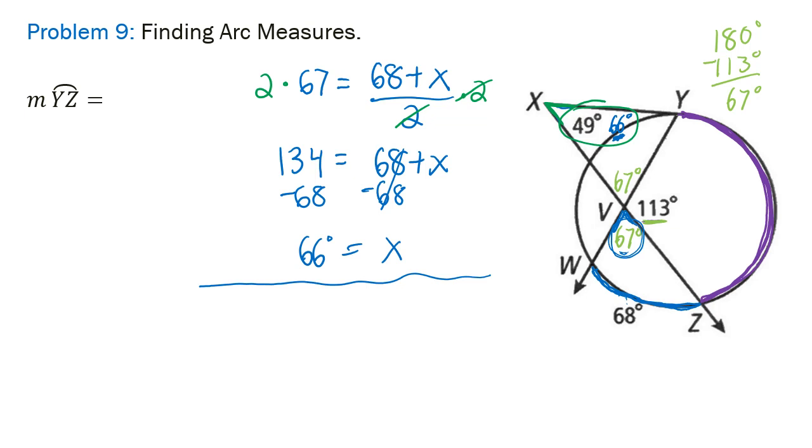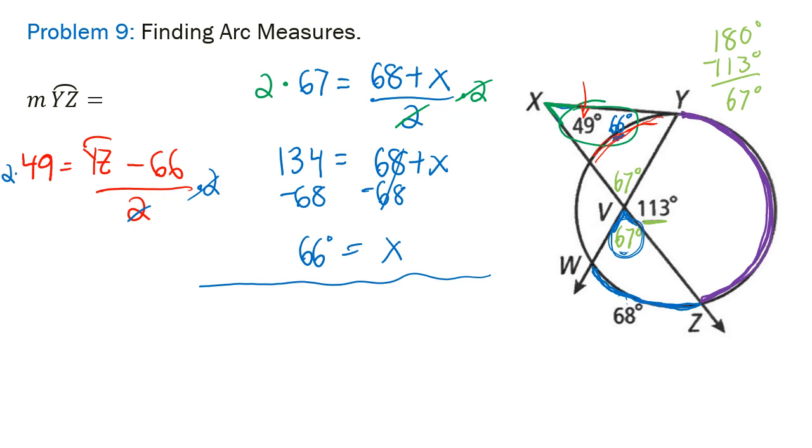So if I say 49 is equal to arc YZ minus 66, all divided by 2. Remember, that big arc minus the smaller arc, when you subtract them and then divide by 2, should equal that angle outside of the circle. So I'm going to multiply both sides by 2.